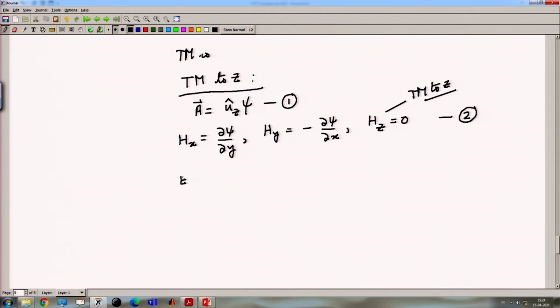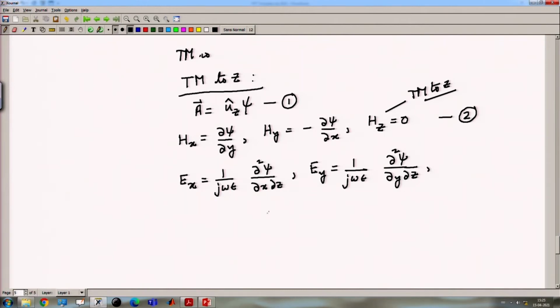We have also found out the corresponding electric fields for the TM to z mode, which were E x equal to 1 by j omega epsilon del square psi del x del z, E y equal to 1 by j omega epsilon del square psi del y del z, and E z equal to 1 by j omega epsilon times del square del z square plus k square, psi.